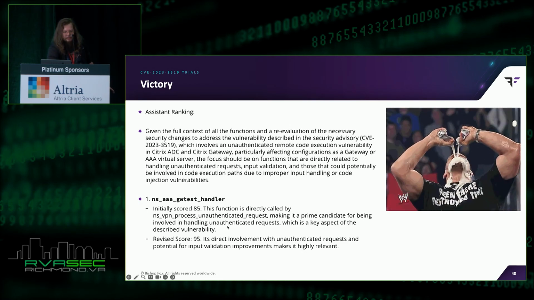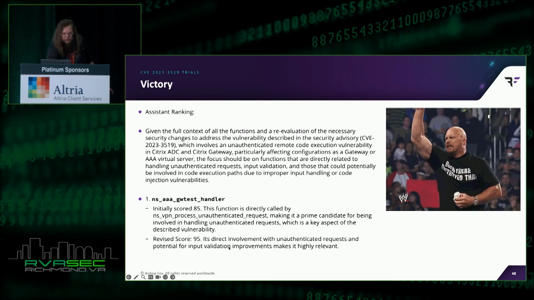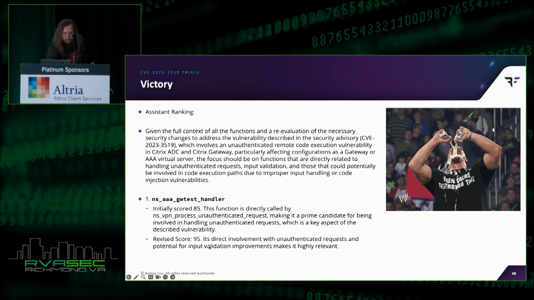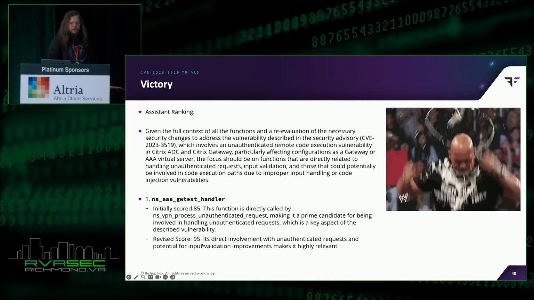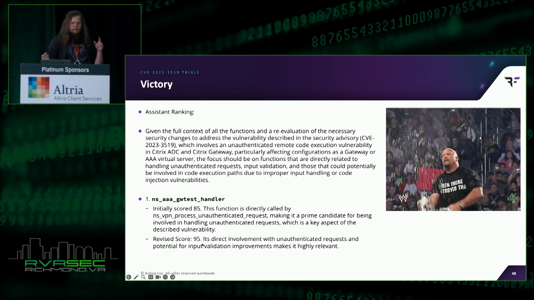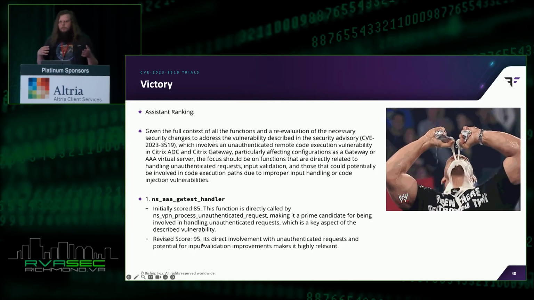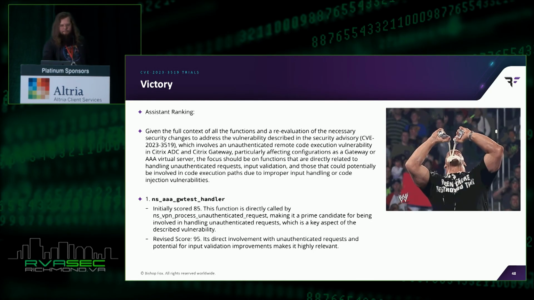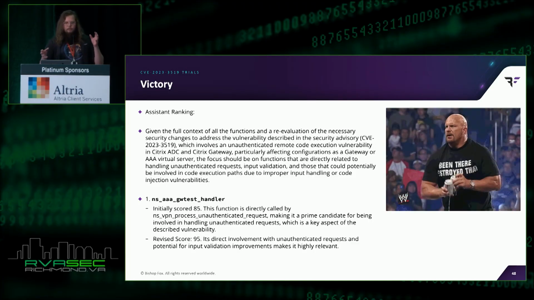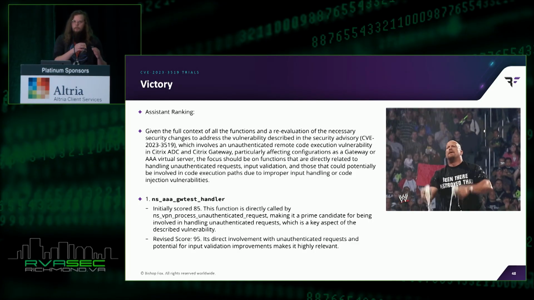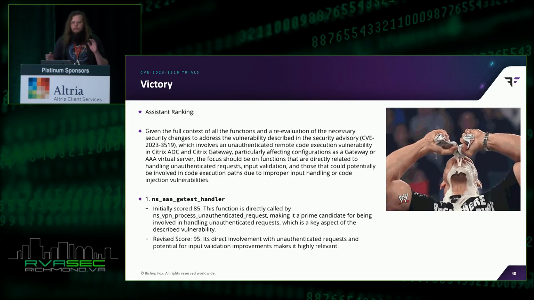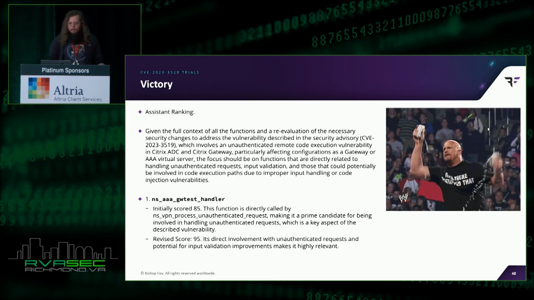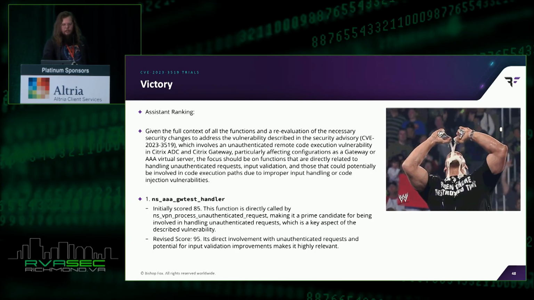It's handling unauthenticated, and then it also has more input validation improvements. And that's the key, as a person who's actually doing the analysis later, I want to find how it is changing my user input handling requirements, what checks it's adding, and we're actually able to find it.